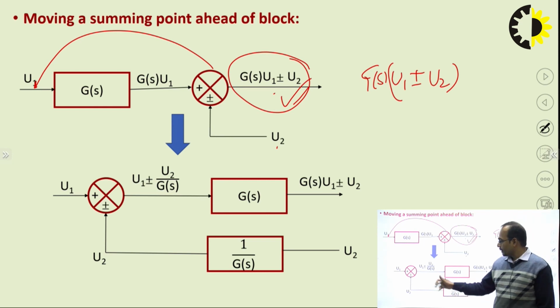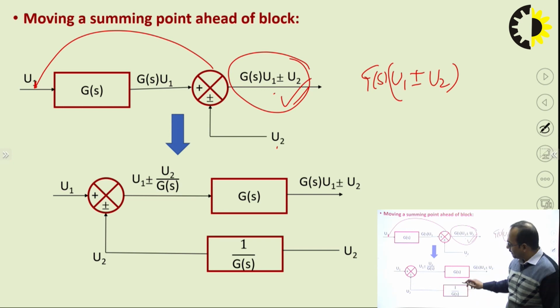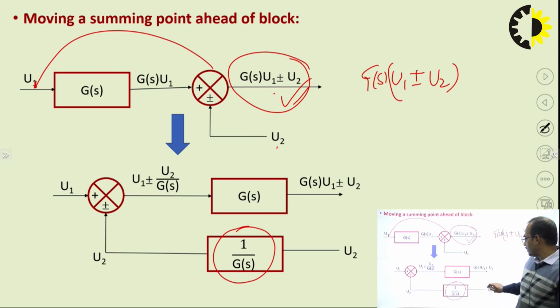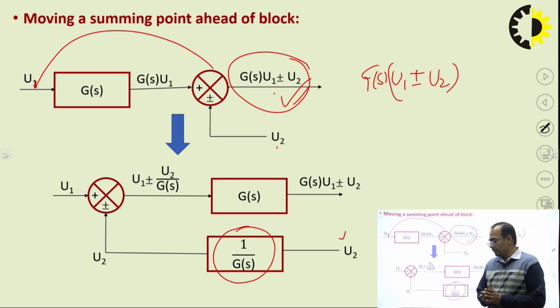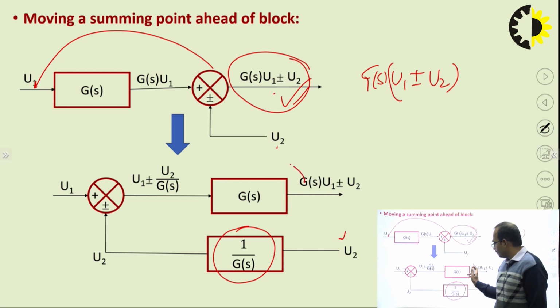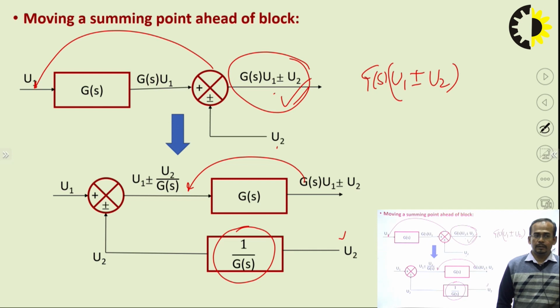So now what will I do? If I am moving the summing point before the block, then we will divide the input 2 by the gain. I will divide by the gain of that block before which we want to move the summing point.